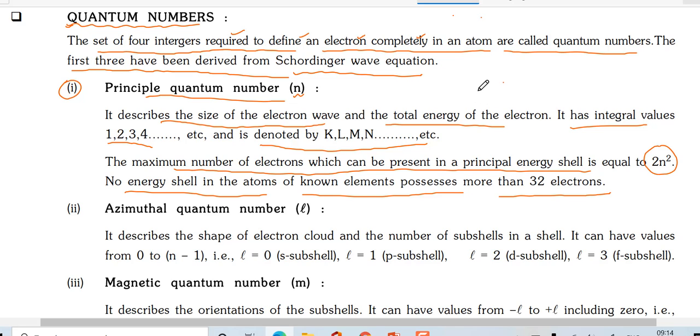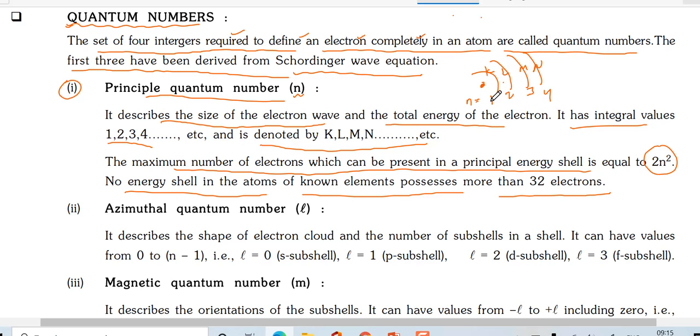So first, see here, we know Bohr's atomic model. These are the circles, 1, 2, 3, 4. They are also known as K, L, M, N. The principal quantum number is telling this. Here, all these numbers are shown by small n.